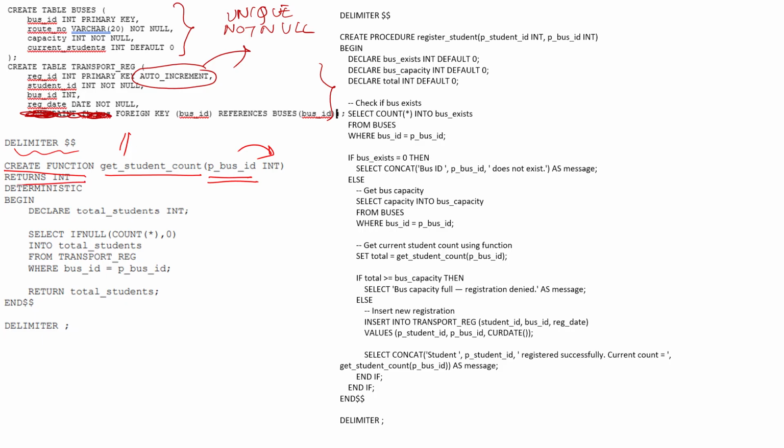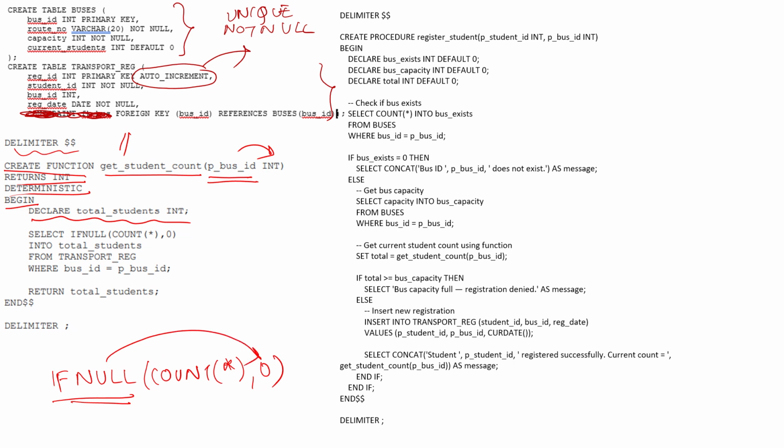Returns integer deterministic begin. Declare total_students. Now what is this? IFNULL count star, comma 0. If it is null, it would automatically assign 0. This is optional, either I directly count star. This is for a better code.